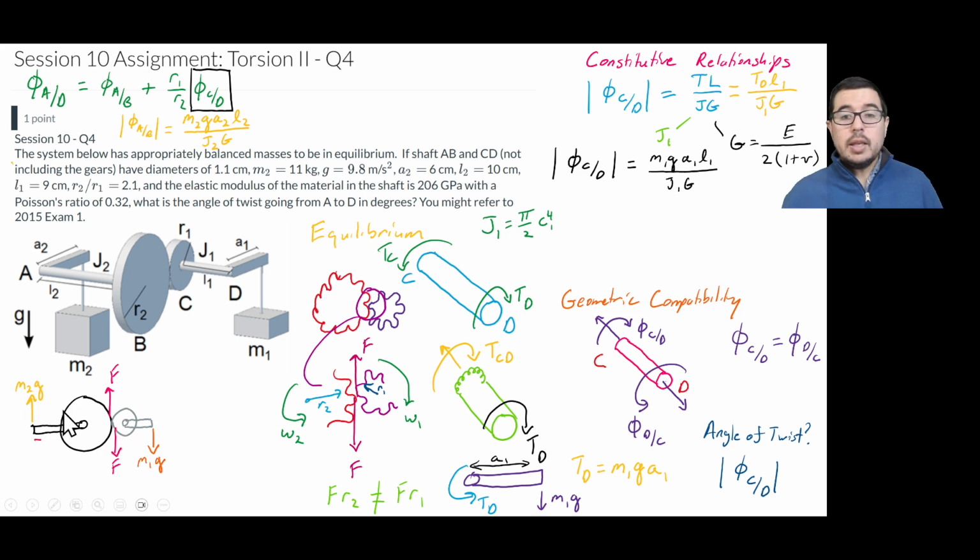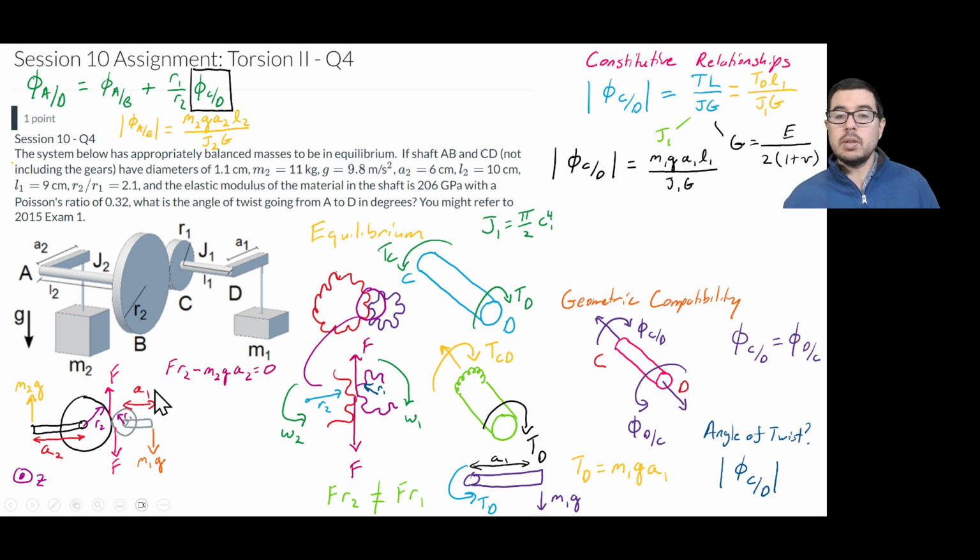We have lengths of these moment arms, A2, A1, like that. And we'll call Z coming out of the page our coordinate system of interest for taking care of the moments. So we write down R2 and R1, and we can write an equation for equilibrium about the center of this left gear.